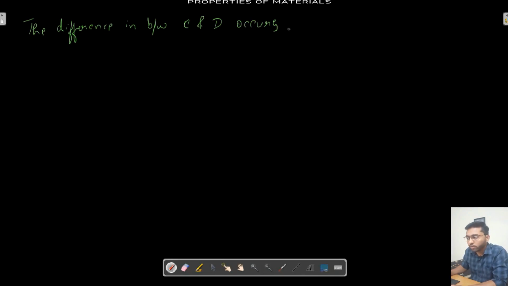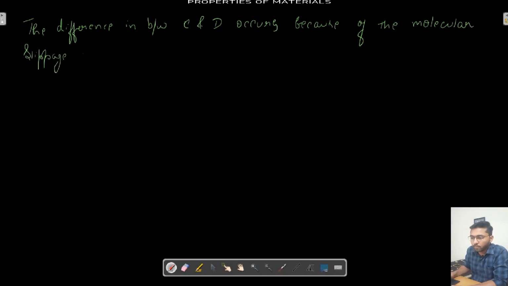So why does this difference in the stress occur? This occurs because of the molecular slippage of carbon atoms. As we all know, what are the major constituents of steel?